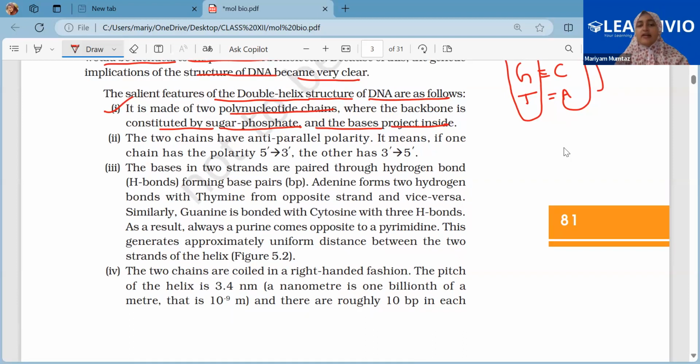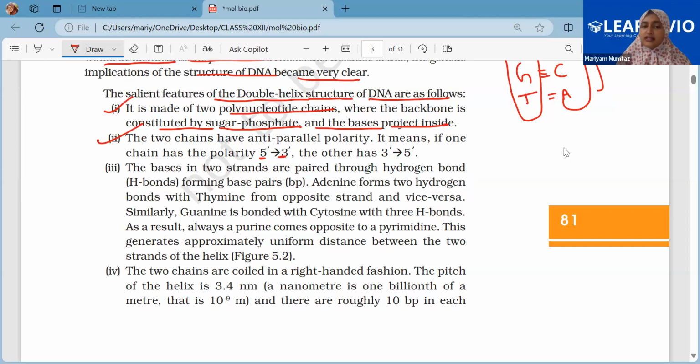The two chains have anti-parallel polarity. It means that if one chain has the polarity from 5' to 3', the other will have the polarity from 3' to 5'. And this is a fixed thing, it cannot ever change. If the polarity at one strand is 5' to 3', the other will be 3' to 5'. It has to be like that.